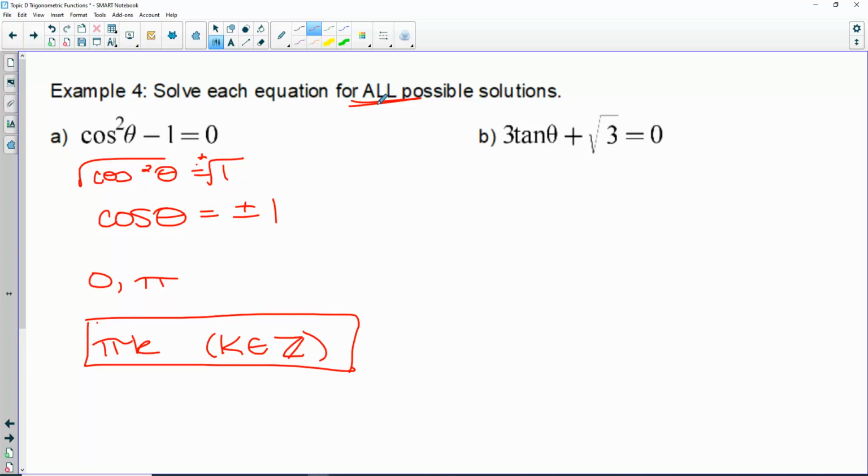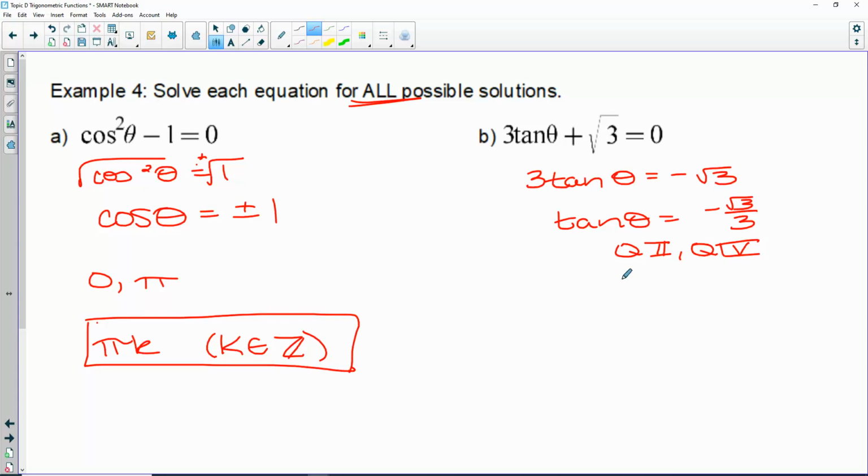Alright, so if I want to solve the next one, what would we do? Subtract the square root, and then divide by 2. Okay. In which quadrants is tangent negative? 2 and 4. Do we know when tangent is radical 3 over 3?